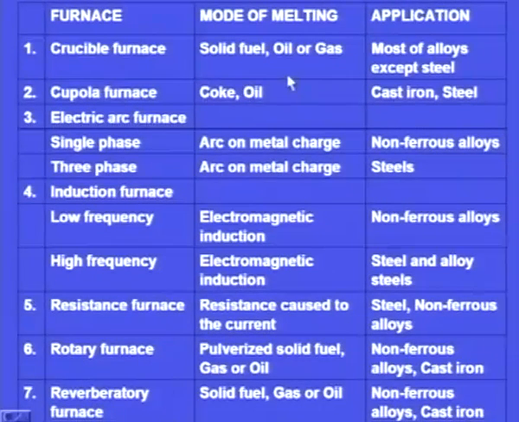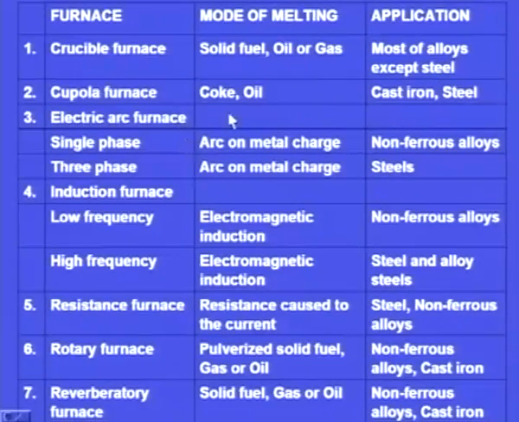So these are the modes of melting, how the charges melt. So this is the mode of melting, and here I have shown the applications of these furnaces. So in the case of the crucible furnace, the mode of melting is by burning solid fuel or oil or gas. The application is most of alloys except steel.